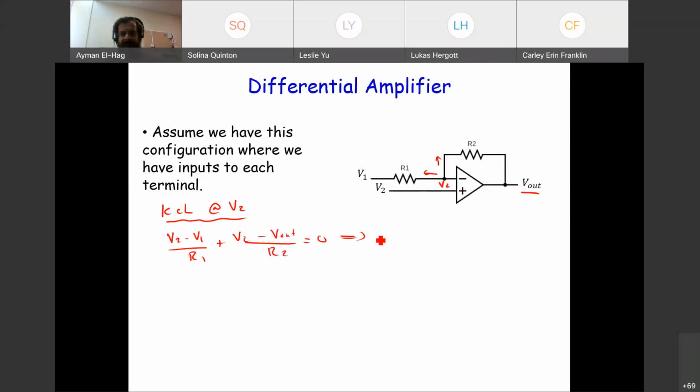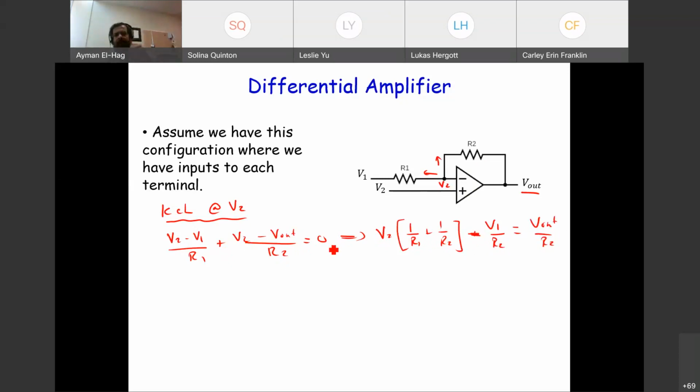So I will take V2 as a common factor. You will have 1 over R1 plus 1 over R2, minus V1 over R1 equal to V out over R2.